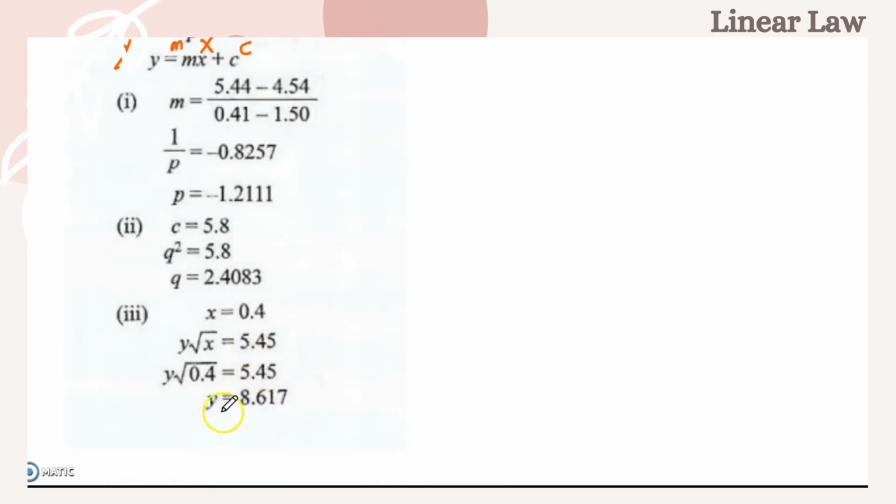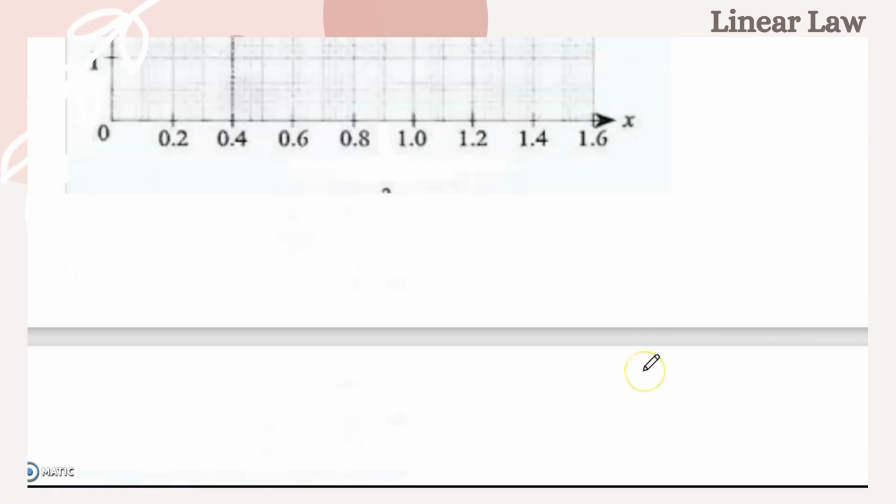Since we want the value of y, just substitute the value of x, square of 0.4, and then we calculate it and we get y equal to 8.617. That is the answer for question number 8.